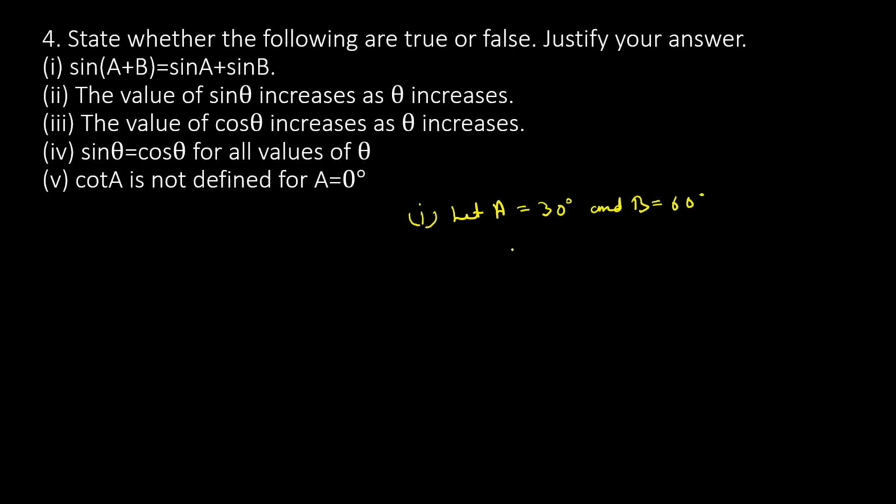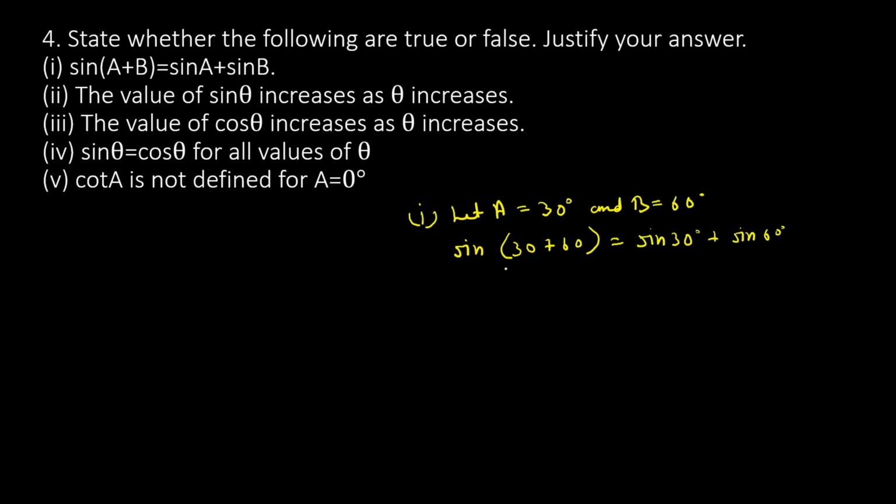We will put both sides. So sine (30 + 60) equal to sine 30 degrees plus sine 60 degrees.